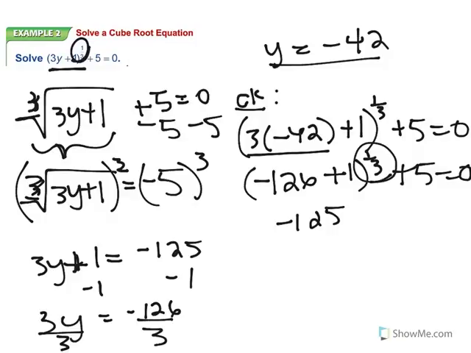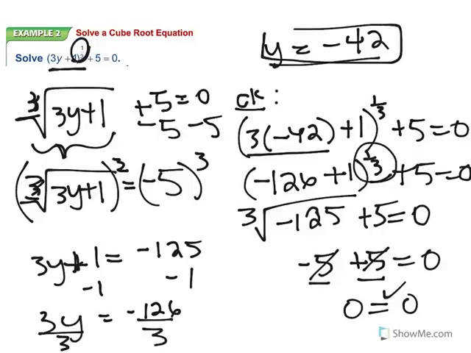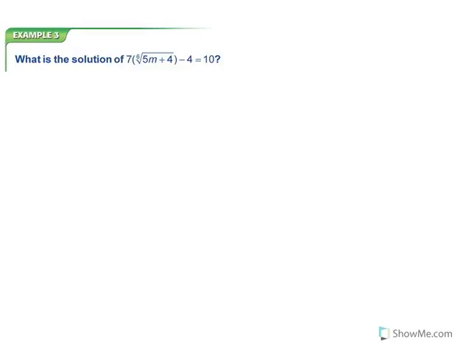And we can rewrite the negative 125 to the 1/3 power as the cube root of negative 125. We're going to add 5, and that equals 0. Now finally, we're going to take the cube root of negative 125, and that's going to give us negative 5. We're going to add 5 equals 0. Negative 5 and positive 5 do cancel, so we get 0 equals 0, and that's correct. So y equals negative 42 will be our answer.